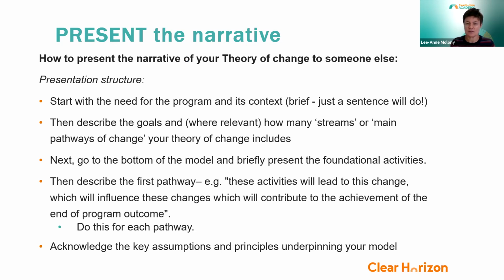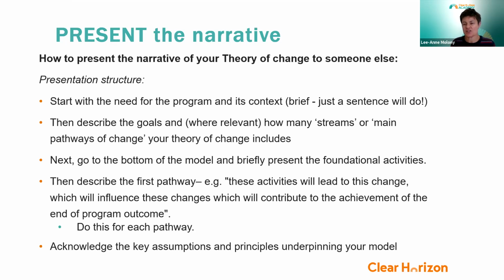So it might be that you've got some really big goals around improved agricultural practices, and you have a training component, but maybe you also have a component where you're subsidising infrastructure, small-scale farming infrastructure. So you might say there's this goal that we're trying to achieve, and our theory of change is going to tackle that in these ways. It has a capacity building element, it has a grants element, whatever that might be.